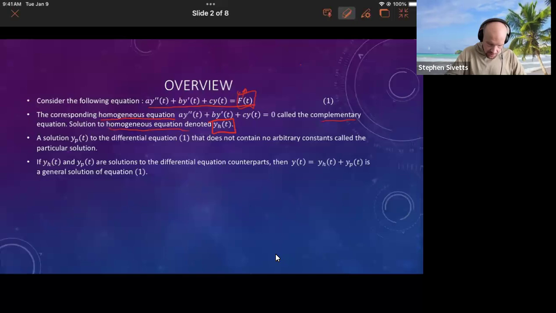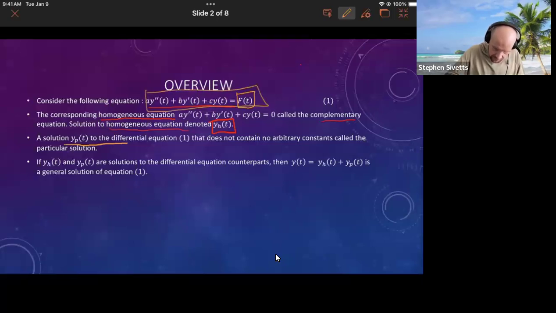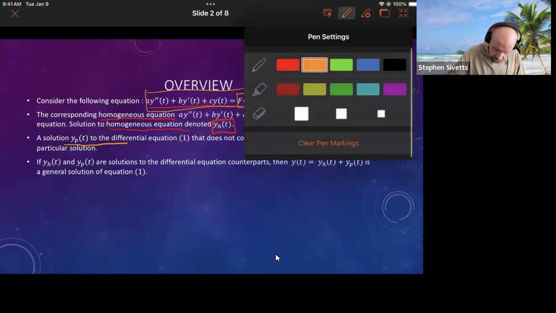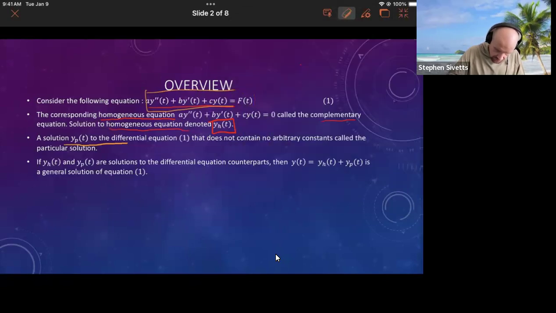It's a solution that is made in the context of using this function F of t, a solution y sub p of t to this differential equation as a whole. It's what's called the particular solution, right?